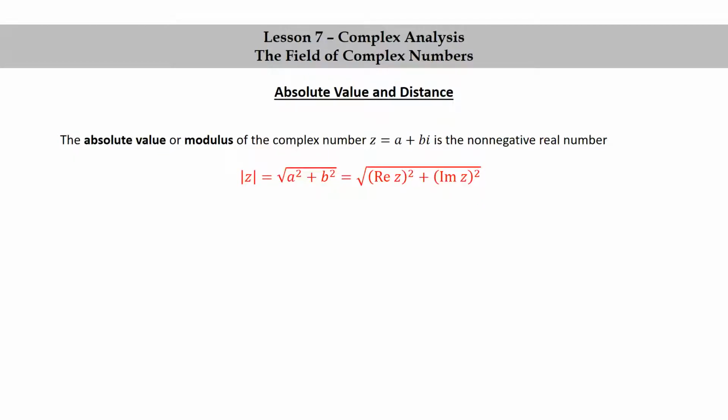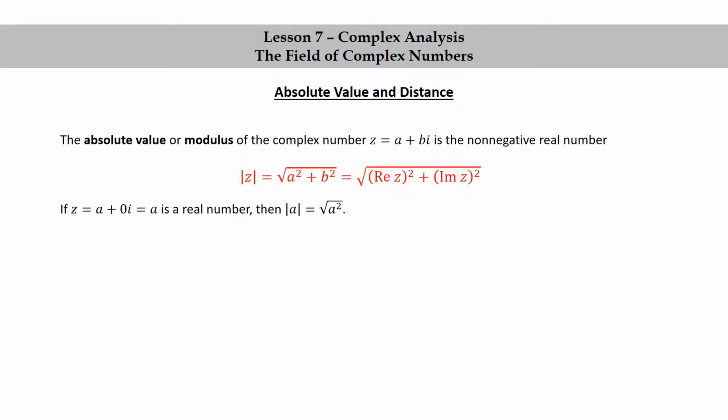The absolute value, also known as the modulus, of the complex number z equals a plus bi, is the non-negative real number, absolute z, equal to the square root of a squared plus b squared, or equivalently, the square root of the square of the real part of z plus the square of the imaginary part of z.